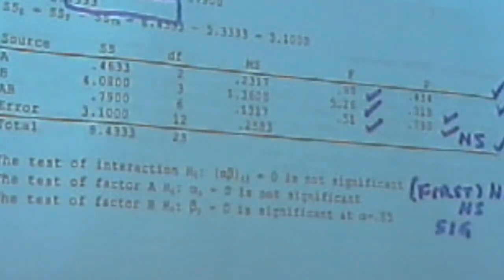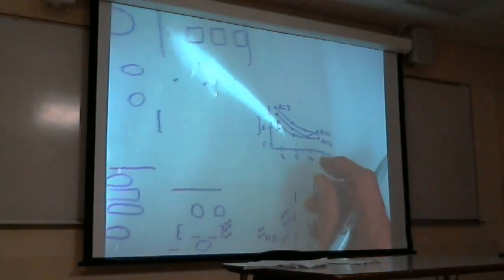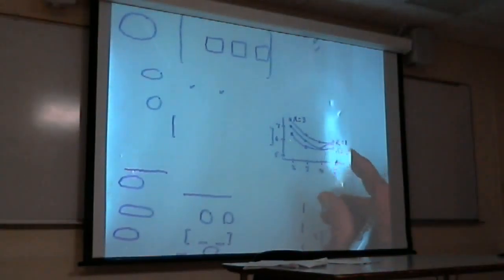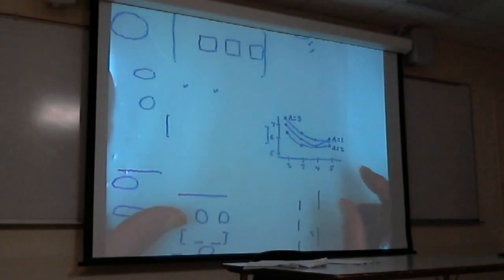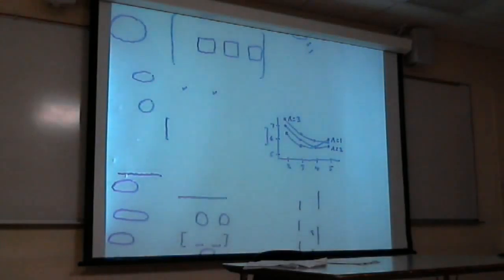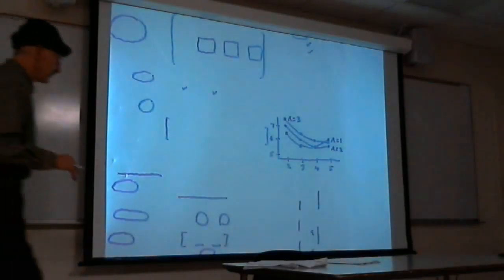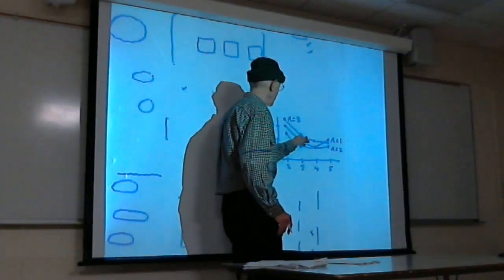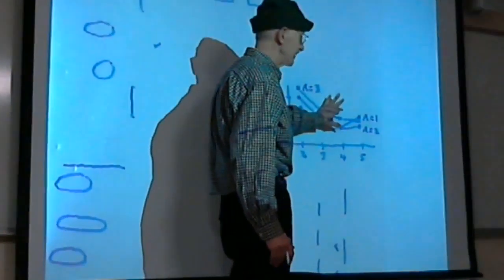Now, if you go back and look at our plot of the means, which I can still pull up in front of your eye, it looked like this. So what the hypothesis testing is telling us is that there isn't any significant difference due to A. Doesn't matter whether you're talking about A equal 1, A equal 2, A equal 3, they're essentially the same. So in the graph, of course, you see different levels. That difference is just random noise.